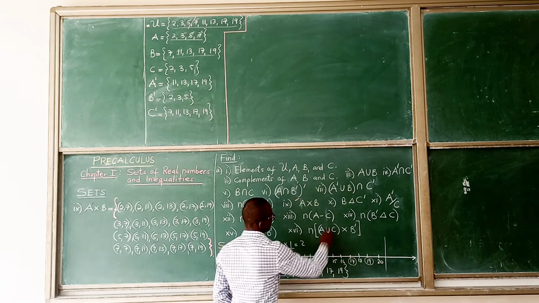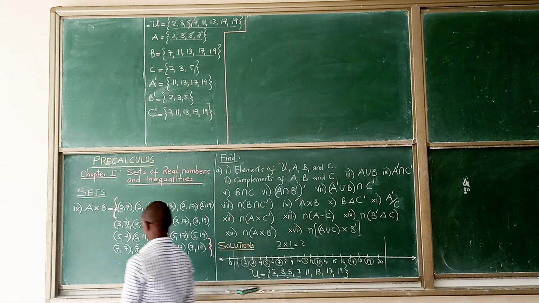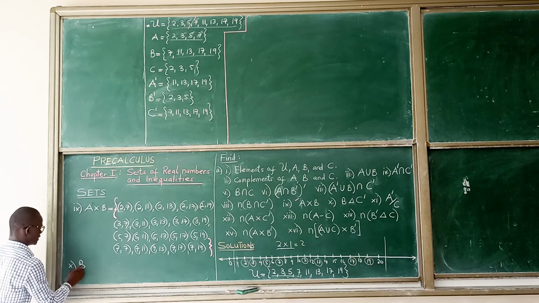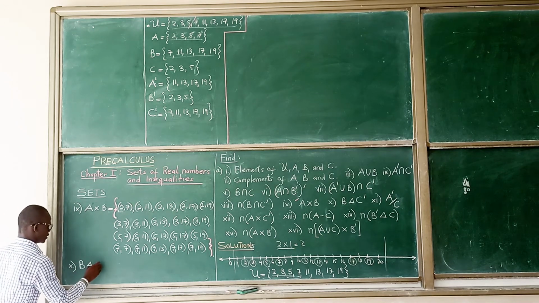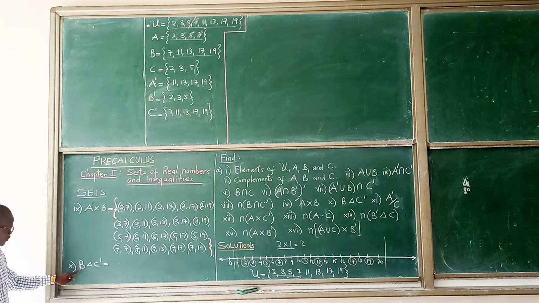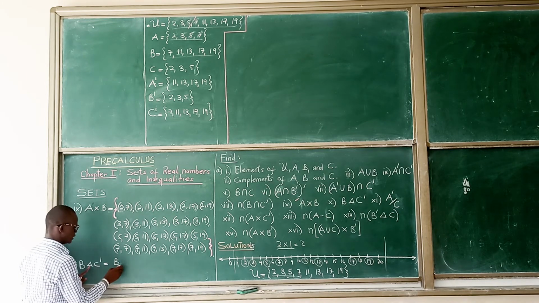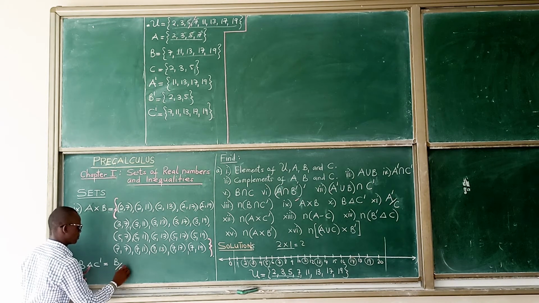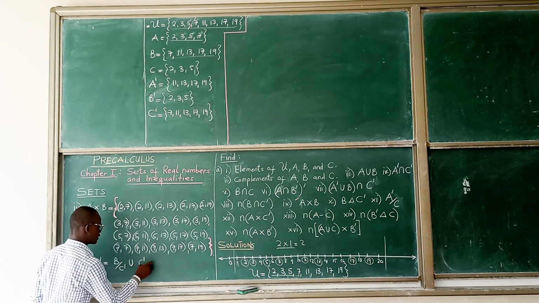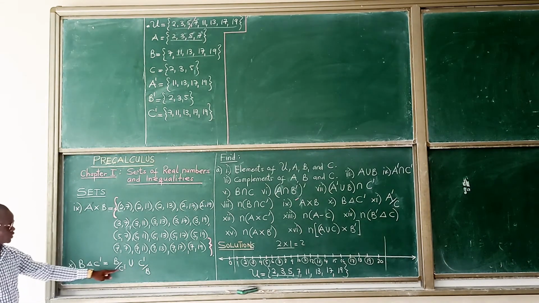Get this one already. B symmetric difference C prime. Now we told you, to find a symmetric difference, it's like saying B different from C prime union C prime different from B is our symmetric difference.